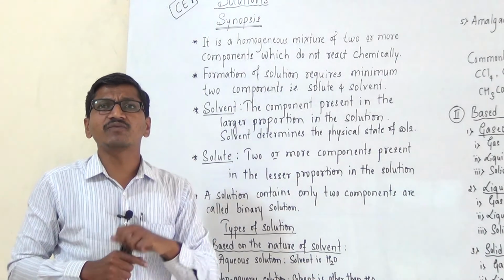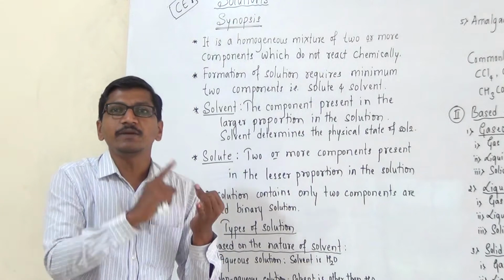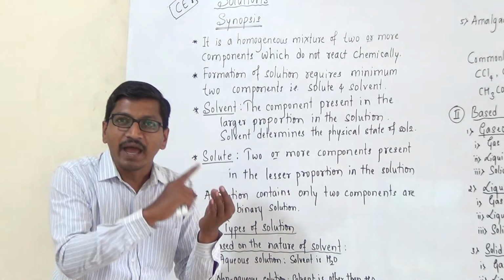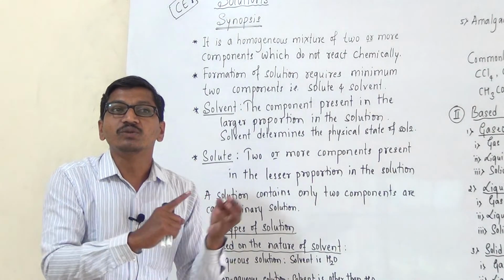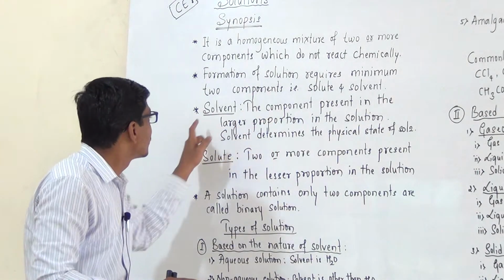Next, properties like density, boiling point and vapor pressure depend on the relative amounts of solute and solvent.